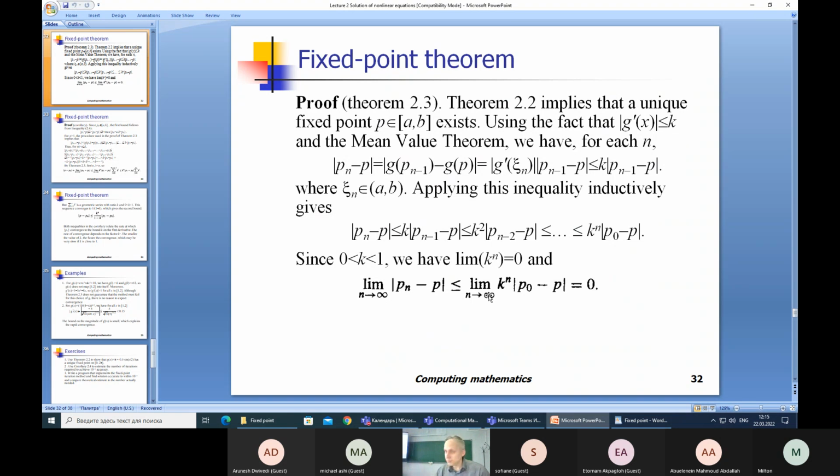I showed you the program that implements the fixed point. Try to reproduce it. Try to implement this method on your computers and try to solve this problem with the function cosine x minus x equals 0 as a root finding problem and cos x as a fixed point finding problem.